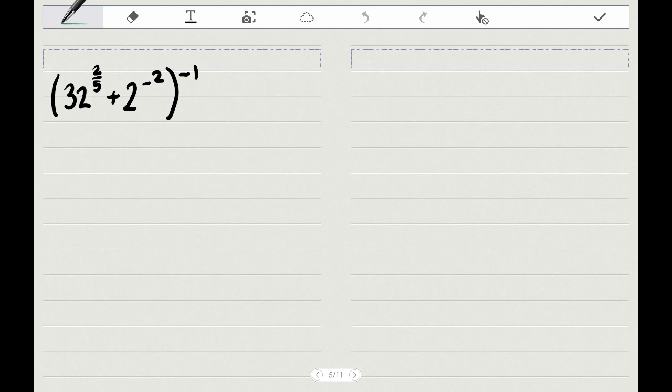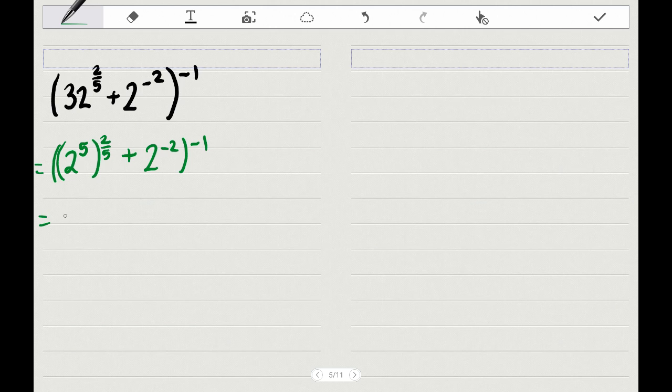Okay, here's another one. Once again, we have our prime bases. 32 as a prime base is 2 to the power of 5, and that's to the power of 2 over 5. So can you see I've just replaced the 32 with 2 to the power of 5, plus 2 to the power of minus 2, all to the power of minus 1.